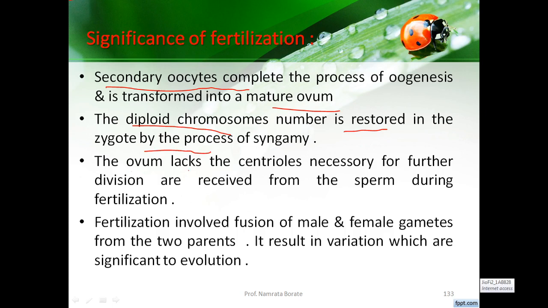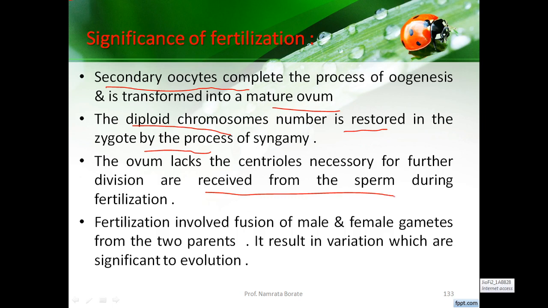The ovum lacks the centriole. ovum के अंदर centrioles नहीं होते. It is necessary for further division, and this centriole is received from the sperm. ये जो centrioles यहाँ पे लगते हैं वो कहाँ से आते हैं? It is received from the sperm, that is the proximal centriole. This proximal centriole plays a very important role in the fertilization phenomena.